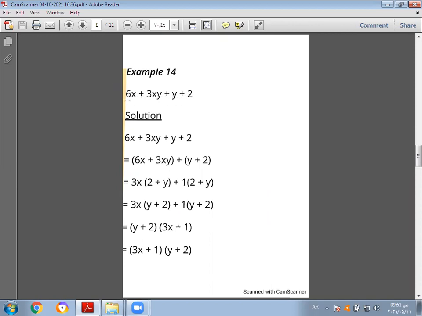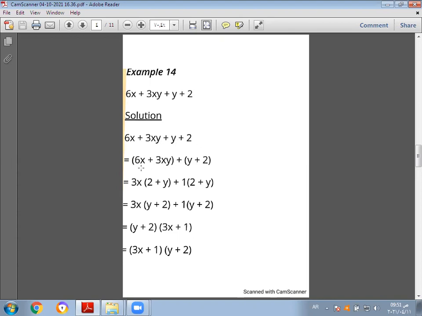We can take the first with the second in one group and the third with the fourth in another group, or the first with the fourth in a group and the second term with the third in a group, as you like. Now we take, for example, the first with the second. We take 6x + 3xy together and y + 2 together.